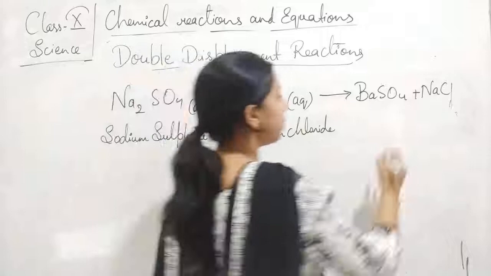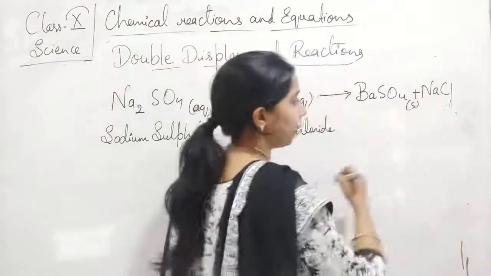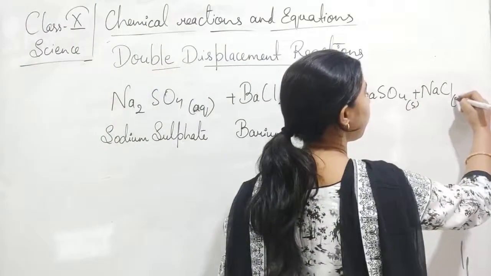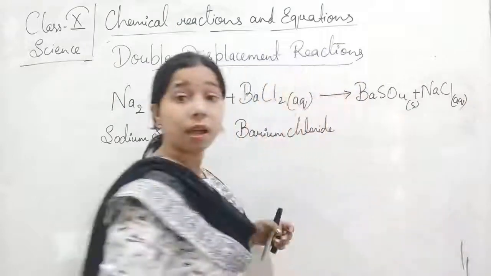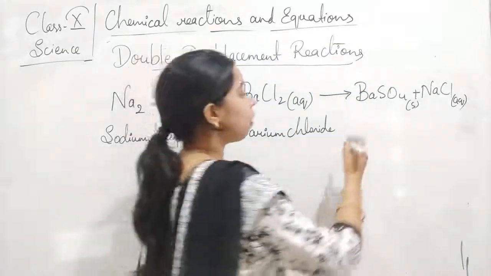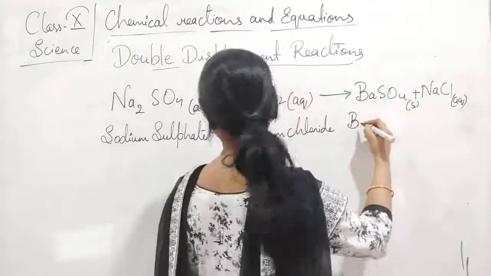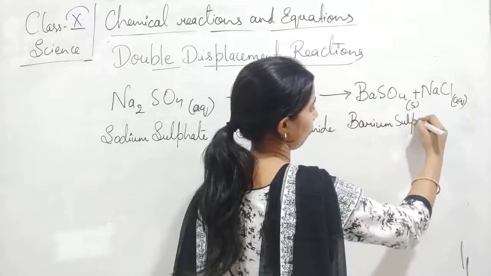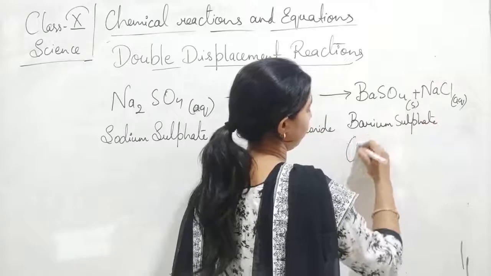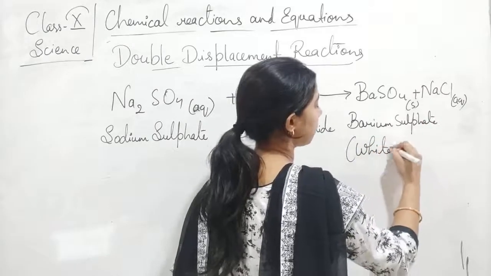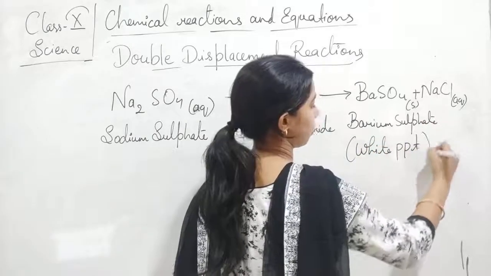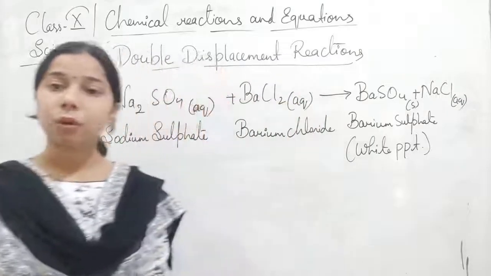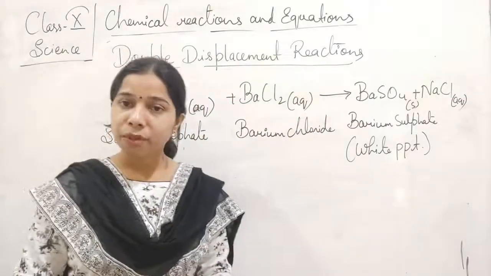Barium sulfate is in the form of a solid, and sodium chloride is in the form of an aqueous solution. And why am I writing this? Because barium sulfate will form a white precipitate. So there is a formation of a white precipitate.